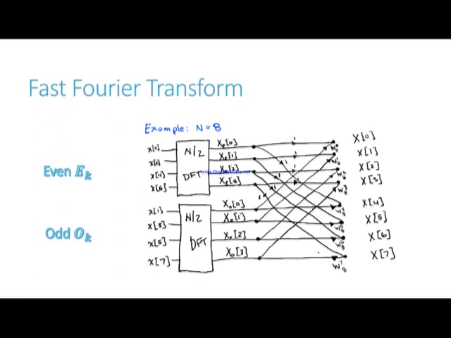I will get X1 as X_e1, the first coefficient of the even term, plus W_8 raised to the first power times the first coefficient of the odd term. The algorithm reorders the time domain samples and uses a divide and conquer approach to reduce the number of operations required to calculate the spectral information.